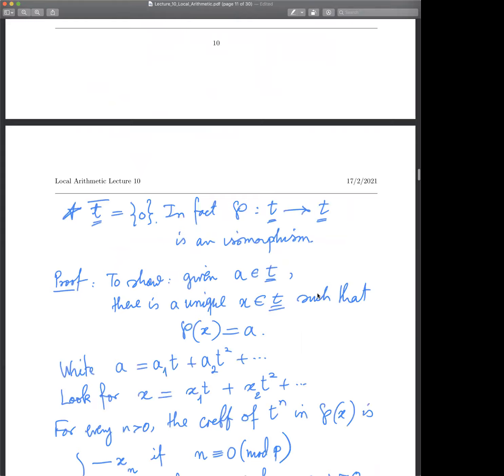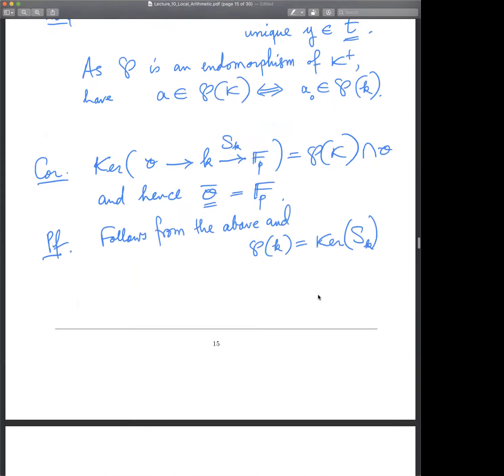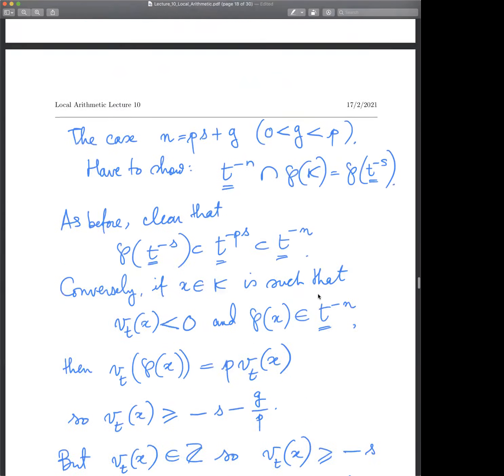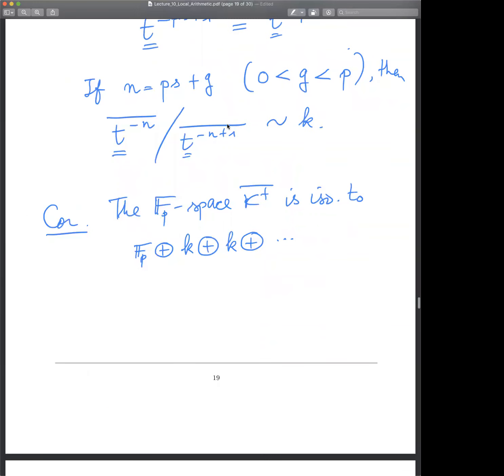Similarly, for these t's, it would have been better to say here that t to the minus n bar modulo t to the minus n plus 1 bar is equal to t to the minus n modulo t to the minus n plus 1. So this FP space is isomorphic to this, is a corollary, just as before.